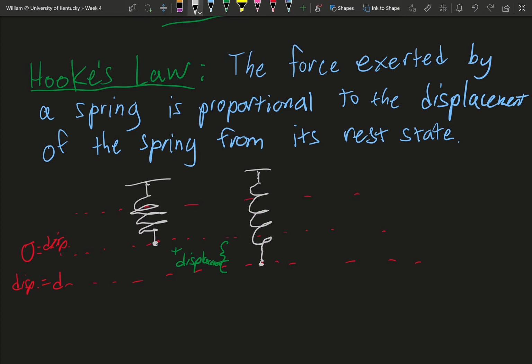Then if we're pulling on it down, there's going to be a force vector going up that has to cancel out our force down.